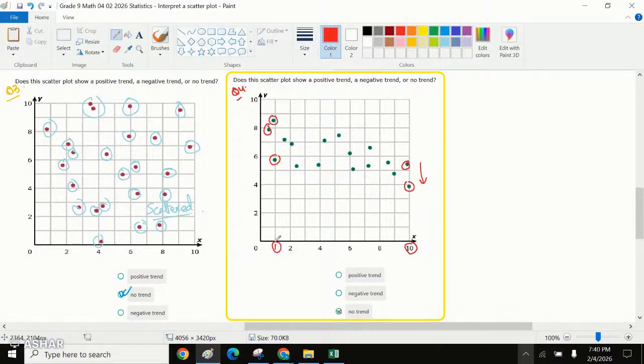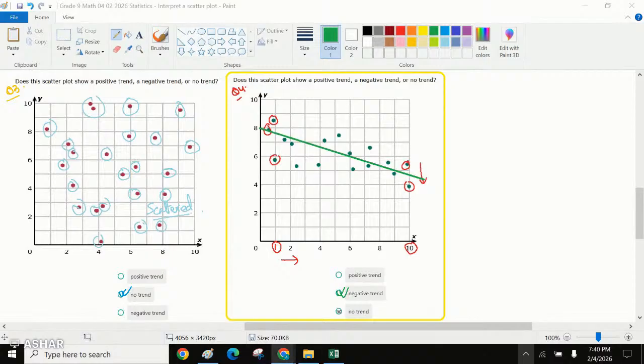If x was increasing, the y is decreasing, right? That means they are opposite of each other. Agreed. Thank you. Yes, I agree with you. This is a negative trend. Thank you, Jennifer. Okay. So let's click on the option. Would it say negative? Yes, it is a negative, right?